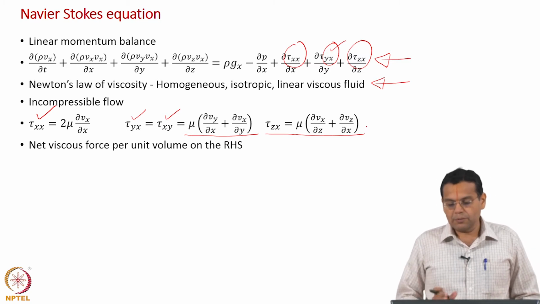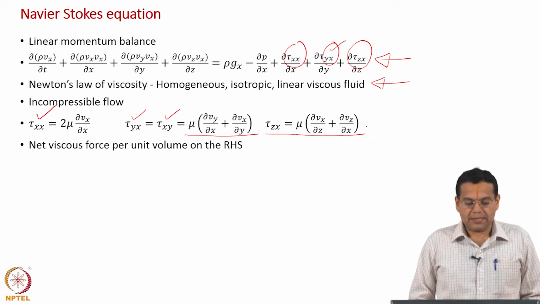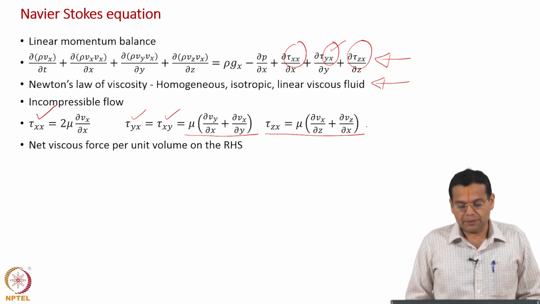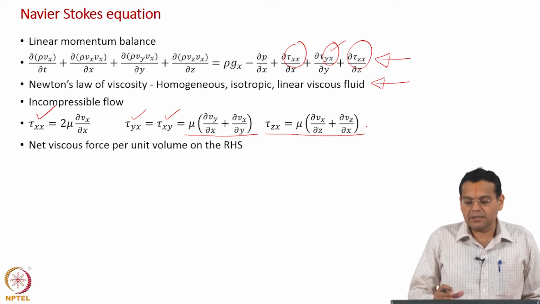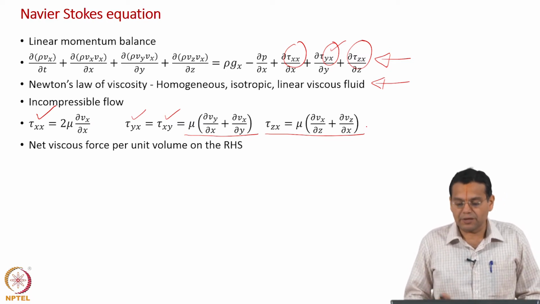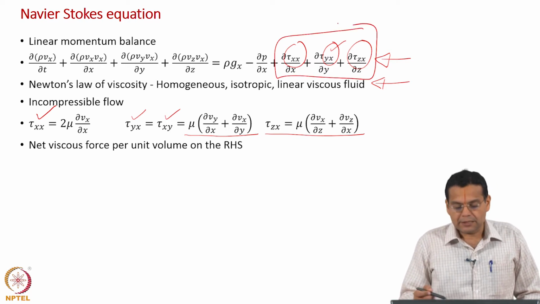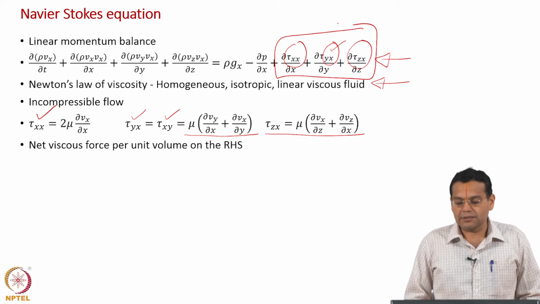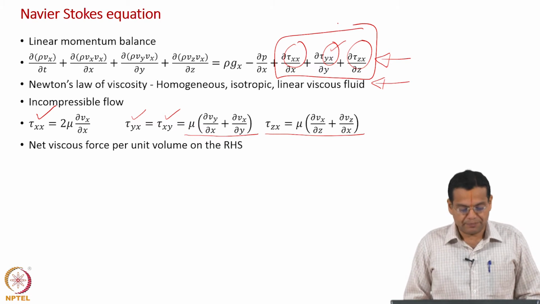Now what we will do is take the 3 terms which represent the net viscous force per unit volume on the right hand side, and then simplify, because for all other terms there is nothing to discuss, nothing to simplify. We will take these 3 terms, substitute Newton's law of viscosity, and then simplify.